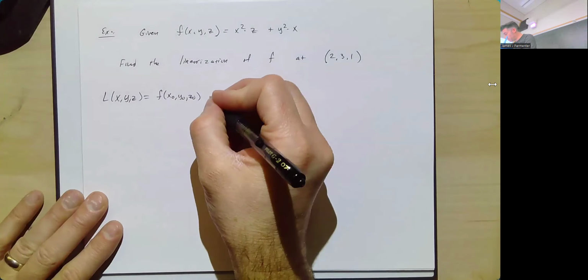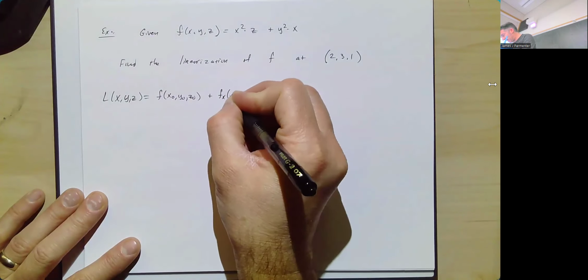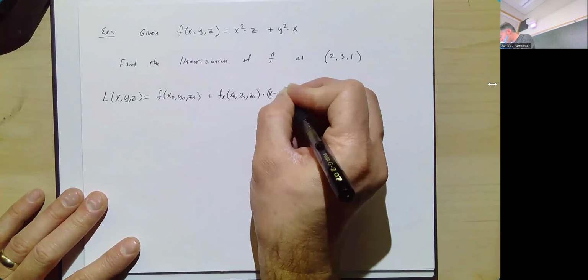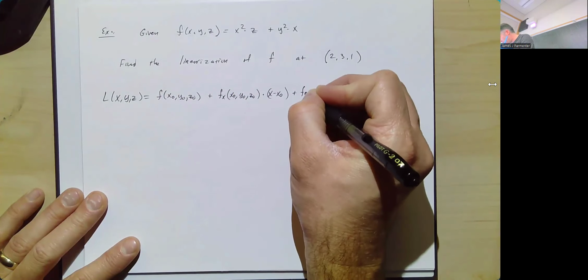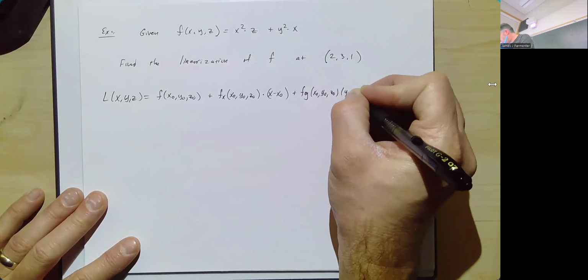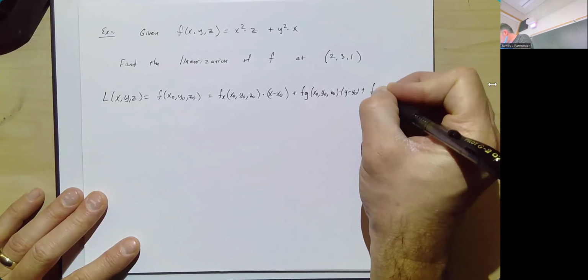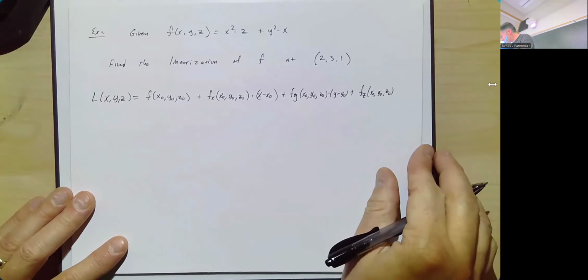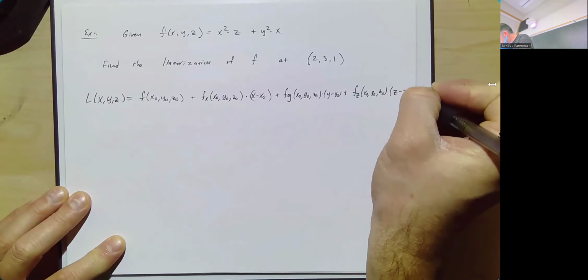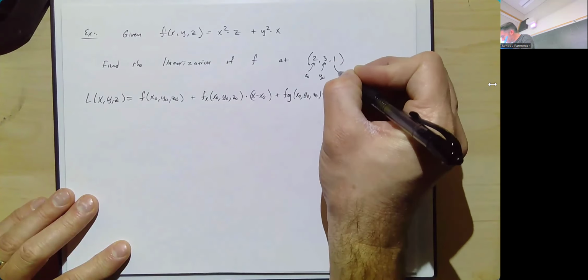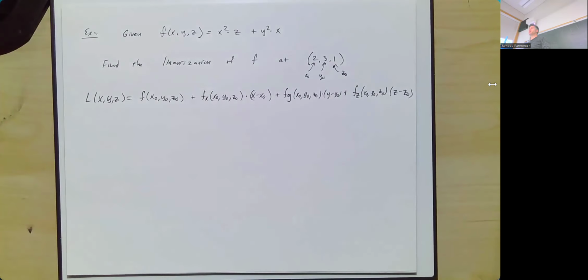It's going to be fx evaluated at x naught, y naught, z naught times x minus x naught, plus the partial with respect to y at x naught, y naught, z naught times y minus y naught, plus the partial with respect to z at x naught, y naught, z naught times z minus z naught. Where x naught is 2, y naught is 3, z naught is 1. So we're just extending the formula by another term or dimension.